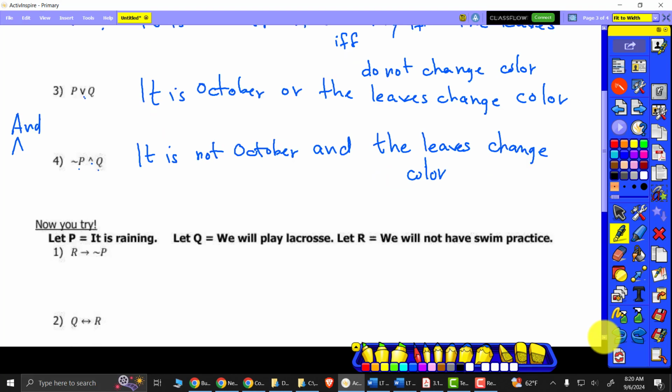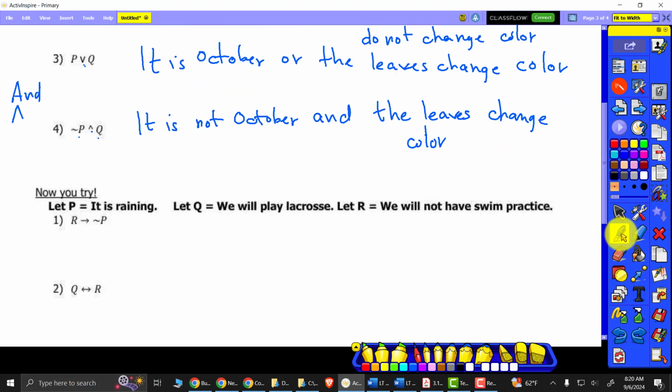So I have here P, it is raining. Q, we will play lacrosse. And then R, we will not have swim practice. Okay? Do number one. Okay, look at this symbol. That's an if-then statement. So I'll just say if, and then. Okay, R. What is R? If you can just cut this one and paste it here, then we are done.